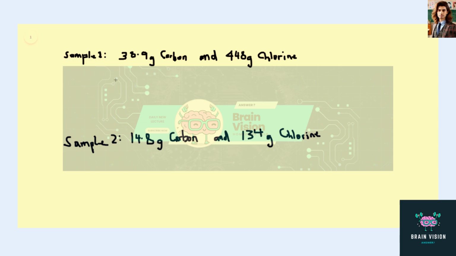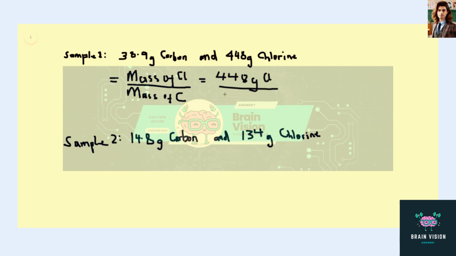So in essence, what's going on here is that we're going to say that the mass ratio of chlorine to carbon in sample 1 is going to be given by the mass of chlorine divided by the mass of carbon, which in this case ends up being 448 grams of chlorine to 38.9 grams of carbon.